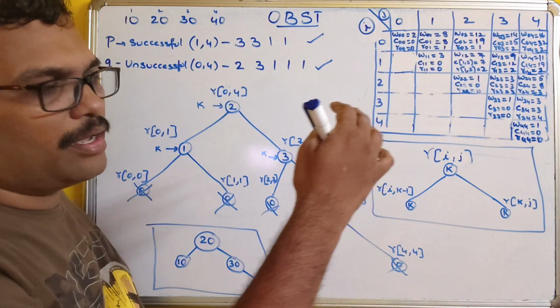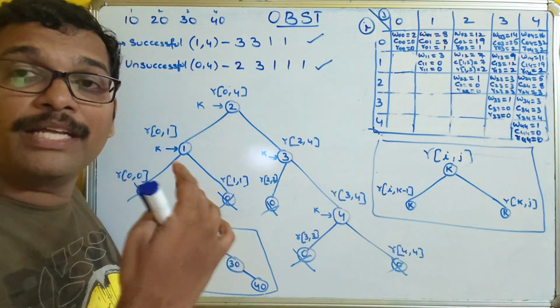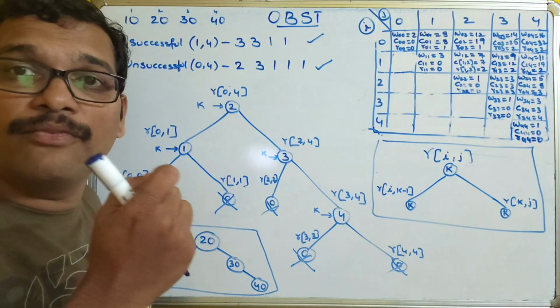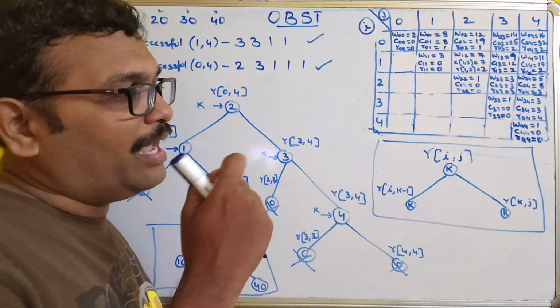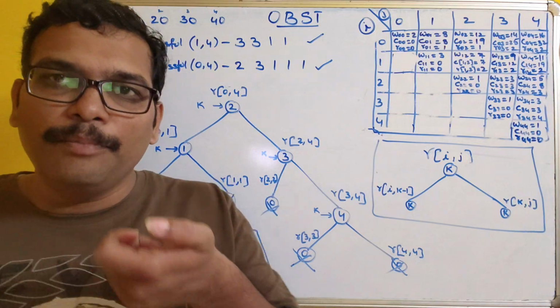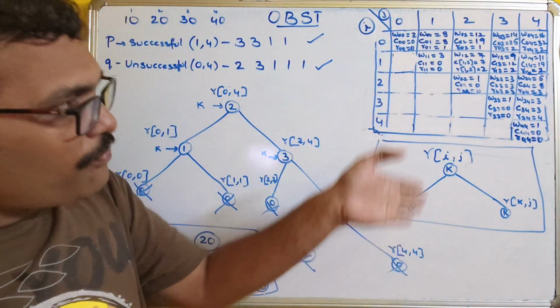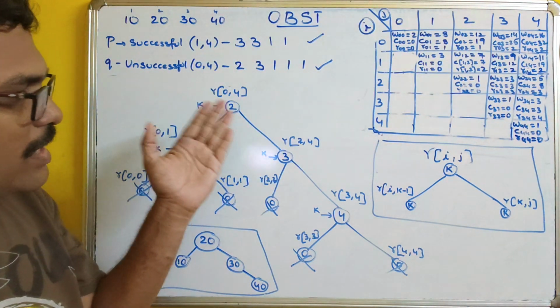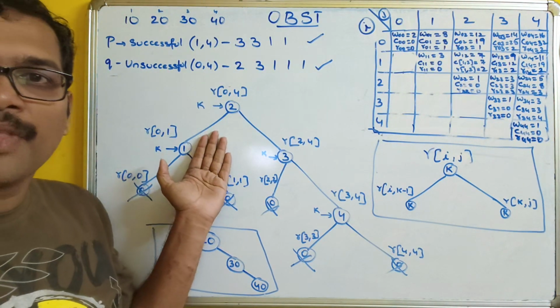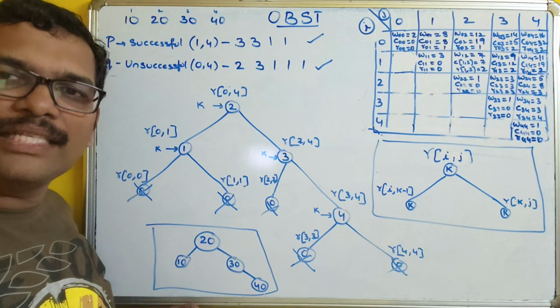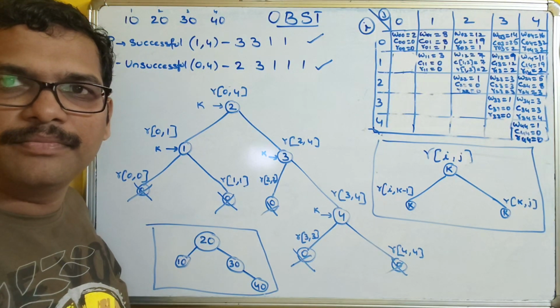Based upon the weight we calculate the cost, and based upon the cost we select the root element. For the k value where we get the minimum cost, we consider that element as the root element. So from this table we are constructing this particular tree. This is the optimal binary search tree, with a smaller number of comparisons.